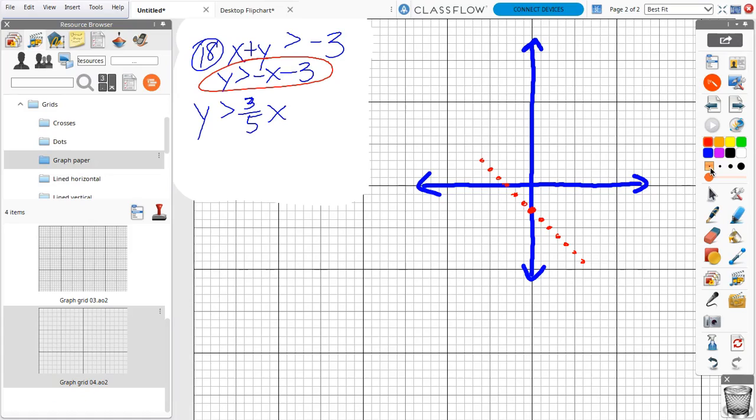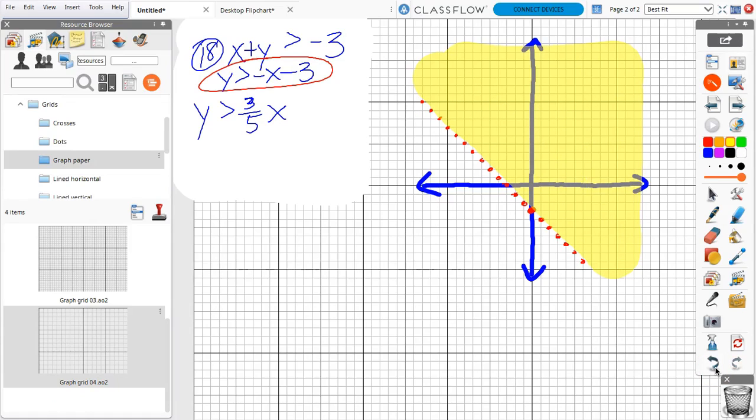It is dotted, so I'm just going to keep drawing my dots. Do I shade above or below? It's greater than, so where do I shade? Above it. Everywhere above that little dotted line.